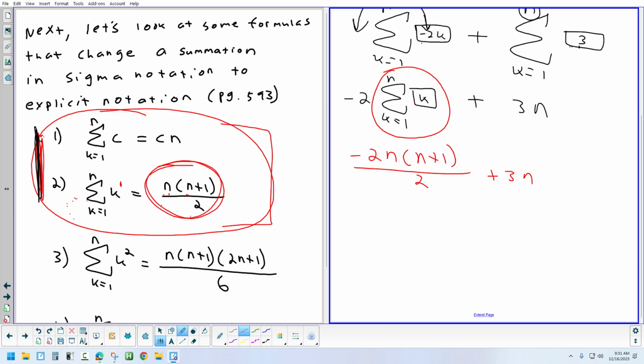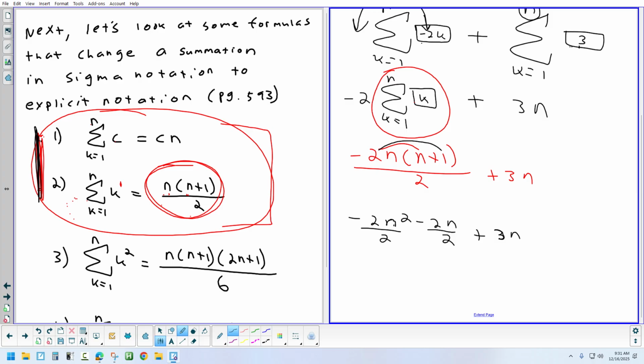Okay, and we'll just distribute that and clean it up a little bit. What's -2n times n? -2n squared. And what's -2n times 1? -2n. And what is that all being divided by? 2.